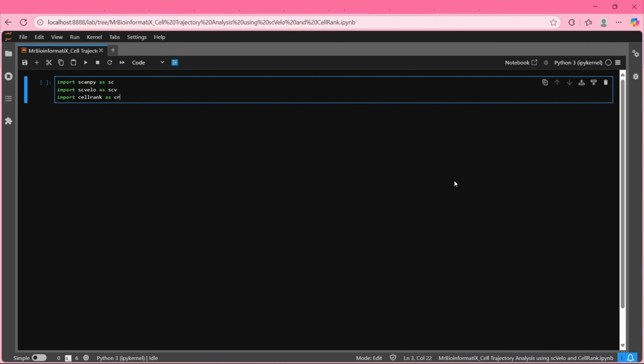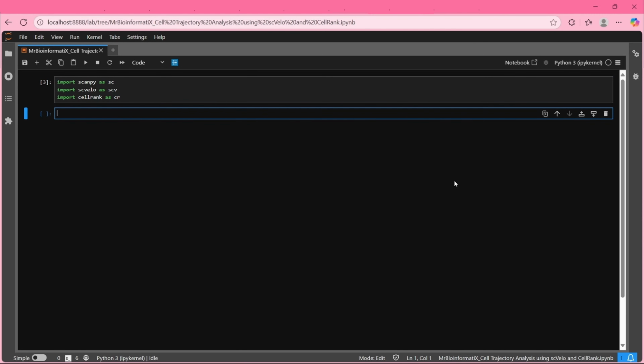So let's load our libraries. Then let's make some settings for nicer plots.